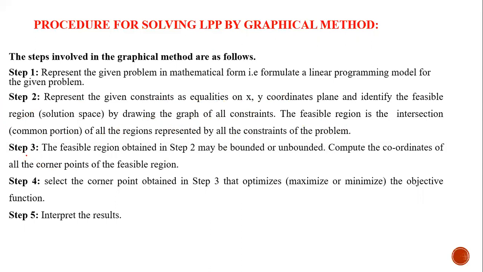Step 3 says the feasible region obtained in step 2 may be bounded or unbounded. Compute the coordinates of all the corner points of the feasible region. Step 4 says select the corner point obtained in step 3 that optimizes the objective function. And at last, step 5 says we can go ahead for interpreting the results.